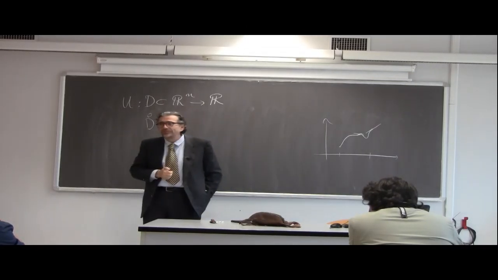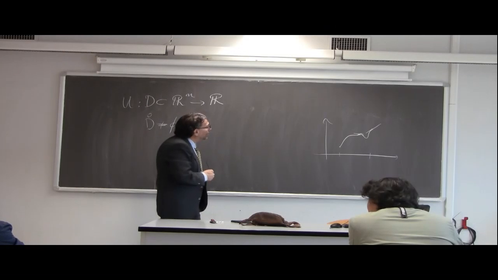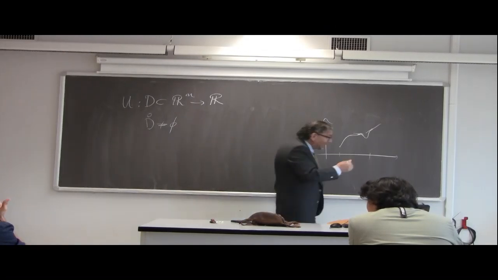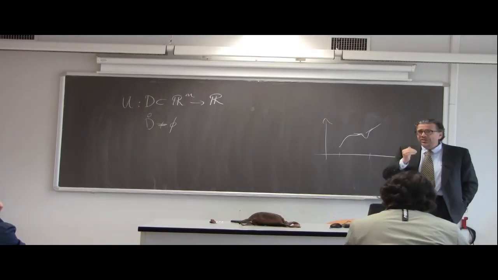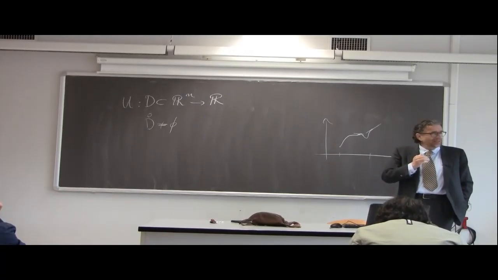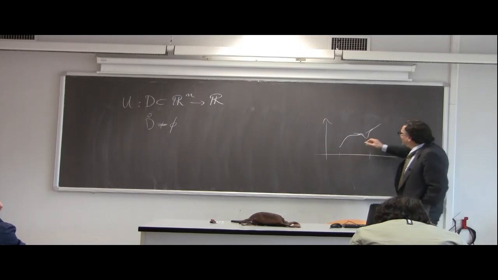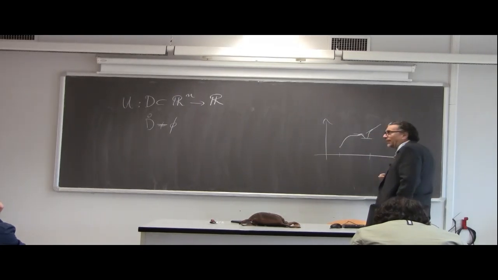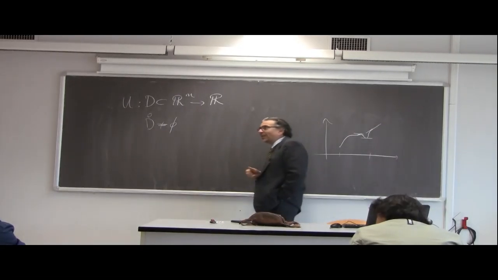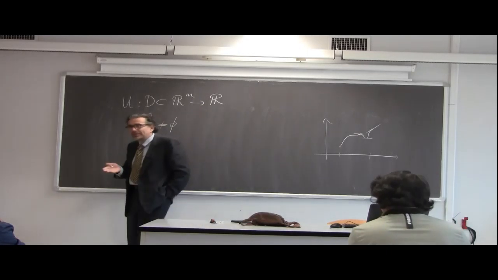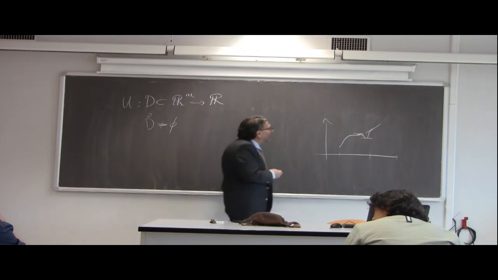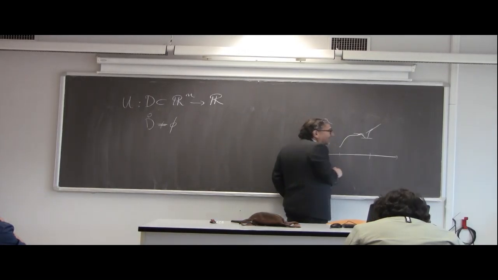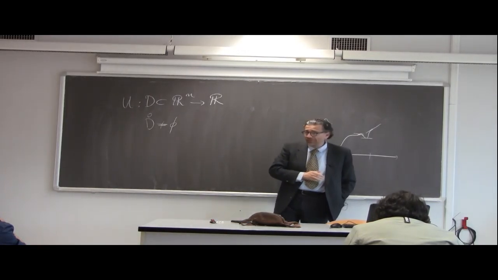Okay, so if you have a maximum or a minimum in the interior of your domain, if a point is a maximum or a minimum, then this point is such that the derivative is 0.